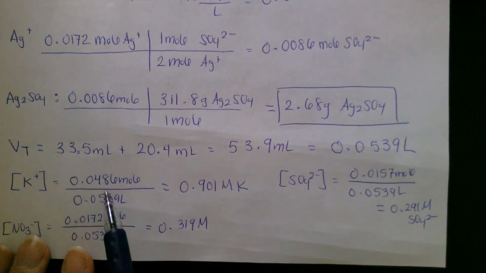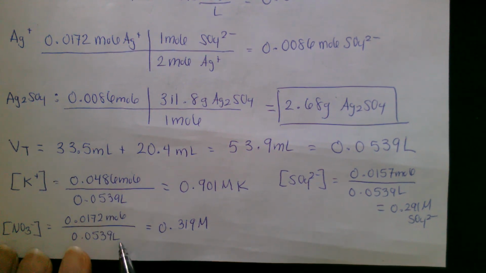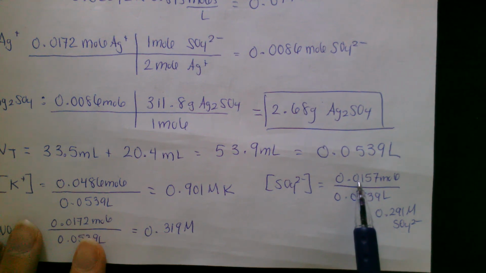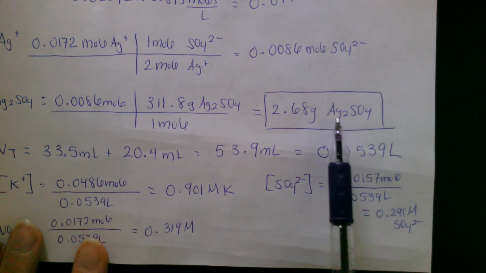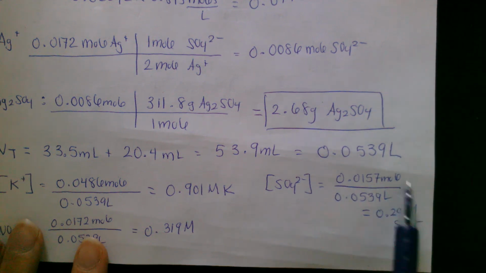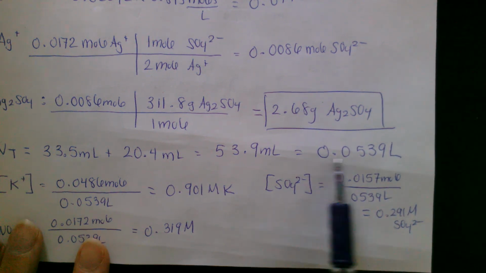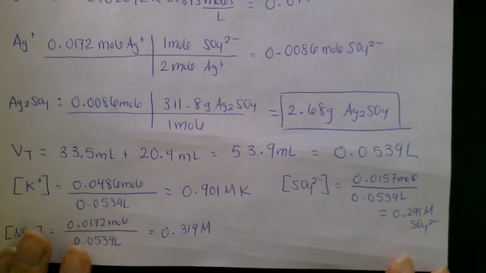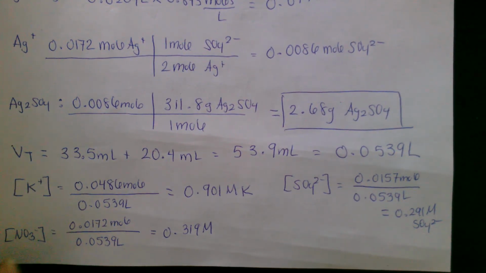So potassium was diluted. The nitrate was diluted as well. But for the sulfate, remember, some of this was used in the reaction to make the silver sulfate, and then some of it is left over. So what we did here was figure out what was left over in excess and turned it into the concentration of sulfate. So that's how a limiting reactant problem will work in a solution stoichiometry problem.